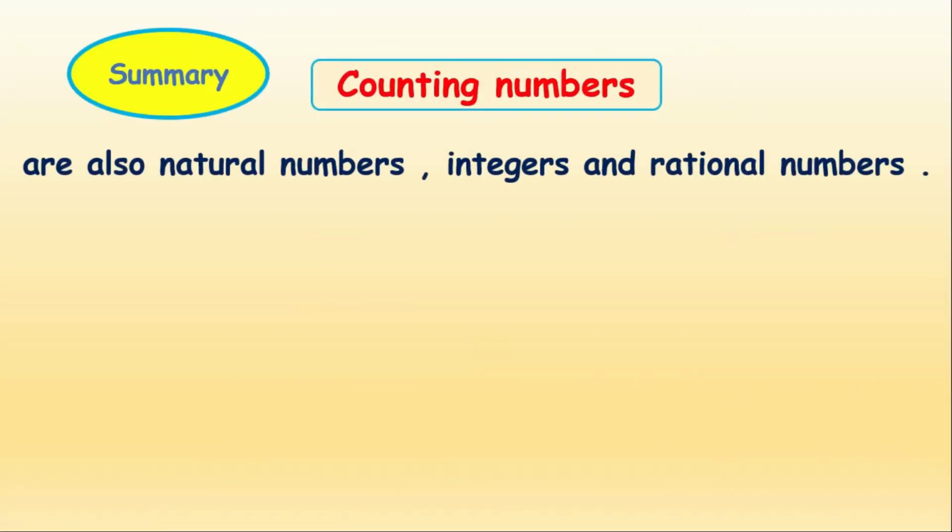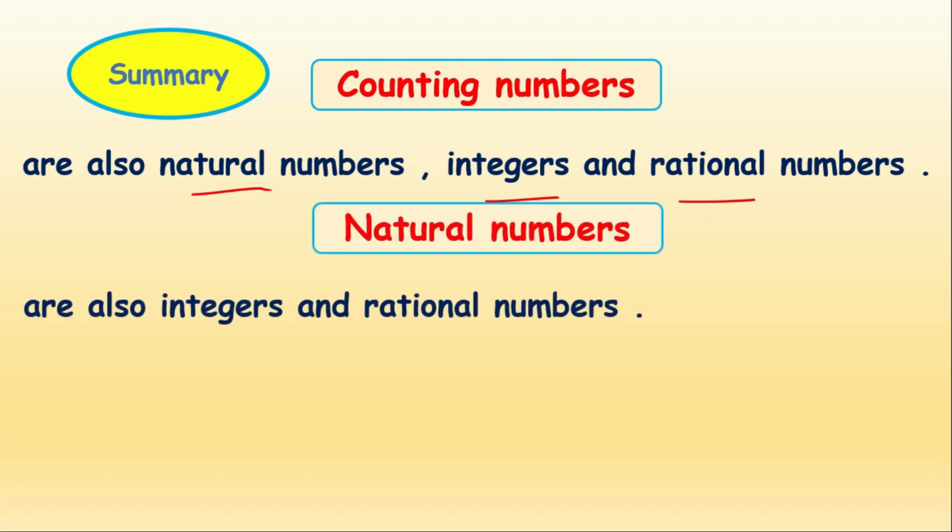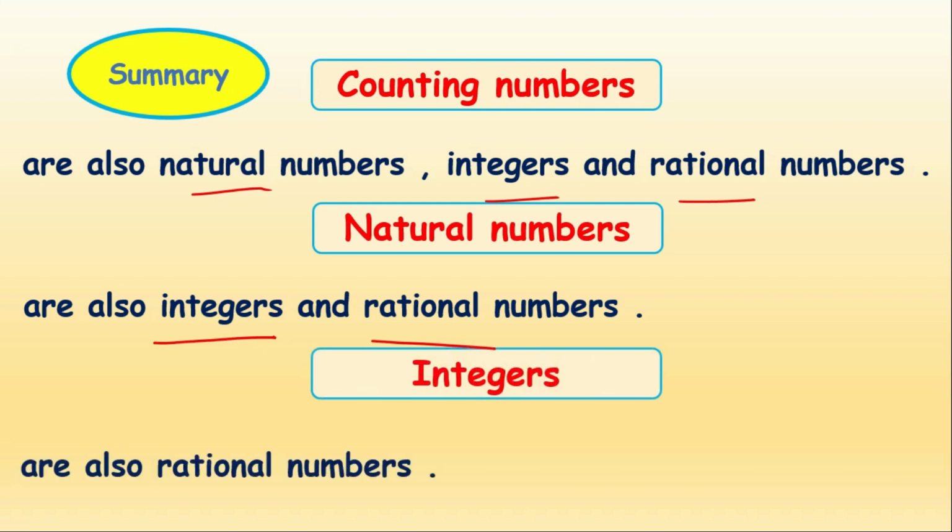Let's have a summary: counting numbers are also natural, integers and rational numbers. That means the set of counting numbers is a subset of natural, a subset of integers, and a subset of the set of rational numbers. And natural numbers is a subset of the set of integers and the set of rational numbers. And the set of integers is a subset of the set of rational numbers.